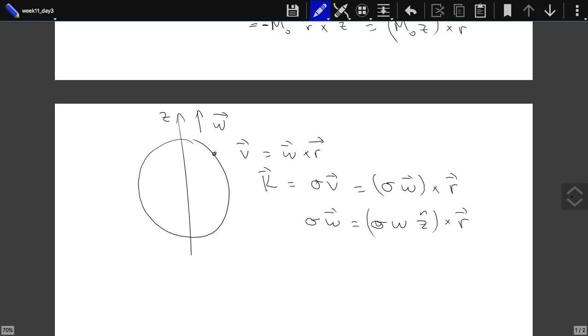Then we had already solved this problem on week 9, Friday of week 9. So we can just pick up the solution, or we can redo the solution. That we will do later on.